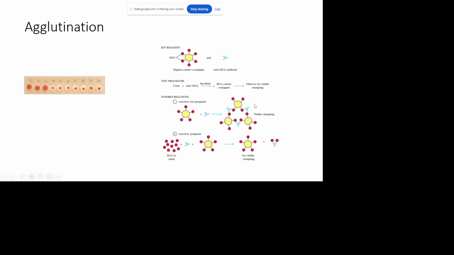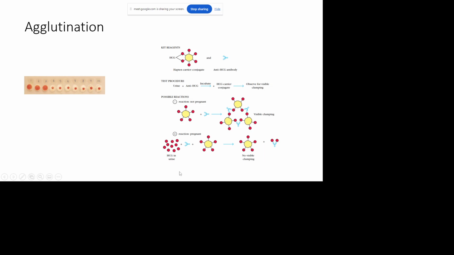So if there is clumping, that means that sample does not have the HCG hormone, right? So now for the positive case, if your sample contains HCG, then your kit is giving you this hapten carrier conjugated HCG and antibody, right?